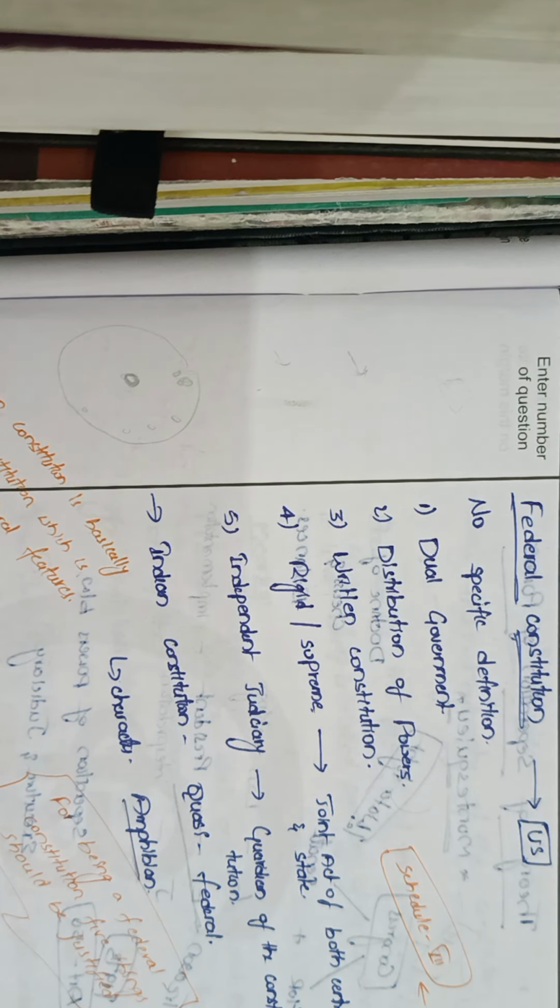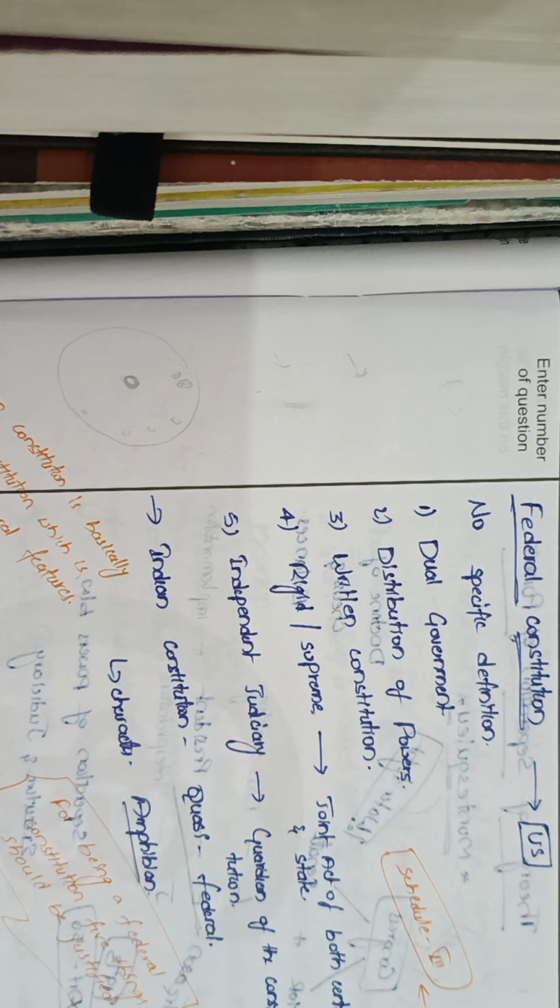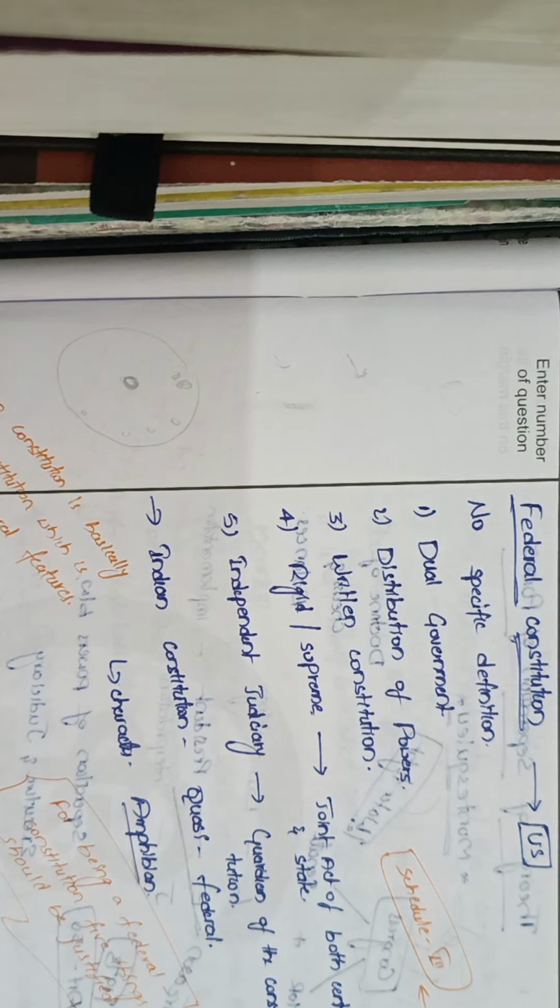This is all about the federal constitution, friends. One more point I would like to add: only at the time of emergency does our constitution become unitary. At emergency times our constitution will become unitary, but it is a federal constitution.